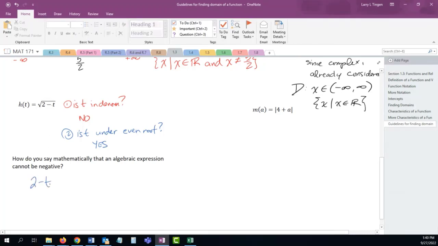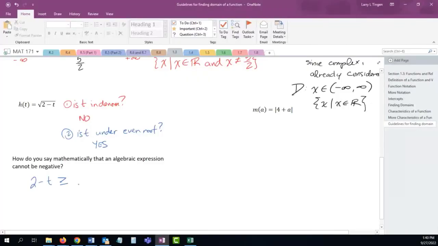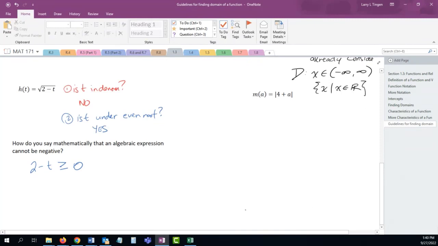I literally take what's under the root, it's called the radicand, and I say, okay, 2 minus t must be greater than or equal to 0. It's always the radicand, so it's always what's under that even root. And then I solve this.